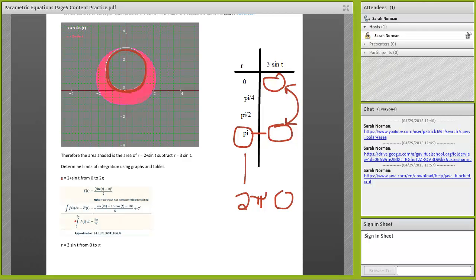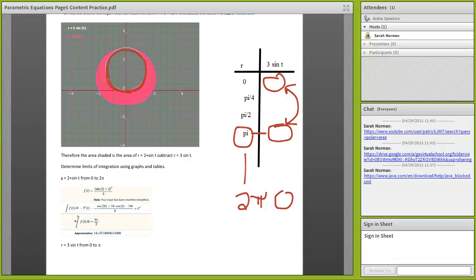Take a look at your table. There are probably some applets available online. I know there are, but I couldn't find them this morning. I'll have to take a look and see if I can put one into the Google Docs as well. But if you actually see it sketched out from 0 to 2 pi, you can see how long it takes to get one curve.